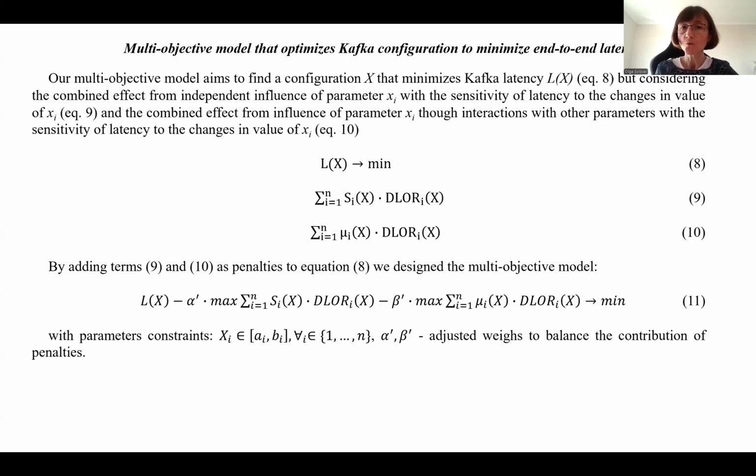Our multi-objective model aims to find the configuration that minimizes Kafka latency, as mentioned in equation 8, while considering the combined effect of the independent influence of a parameter with the sensitivity of latency to the local change, equation 9, and the combined effect of the influence of a parameter through interaction with other parameters, and again the sensitivity of latency to this change.